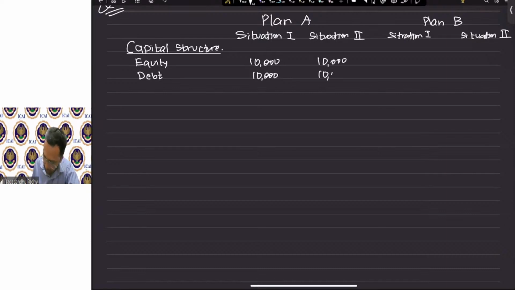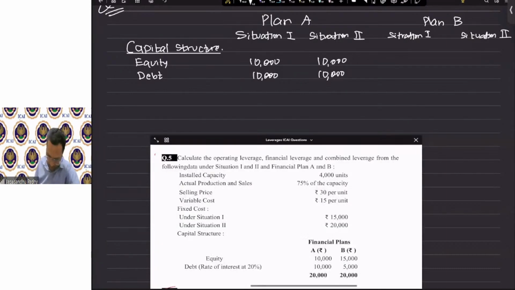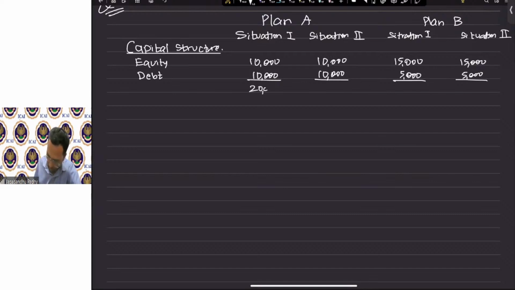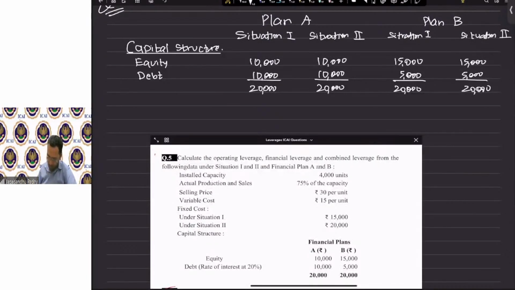And in plan B, equity is 15,000 and debt is 5,000. This totals 20,000. Now there are 2 situations given, and in each situation fixed costs are varying, as 15,000 and 20,000.